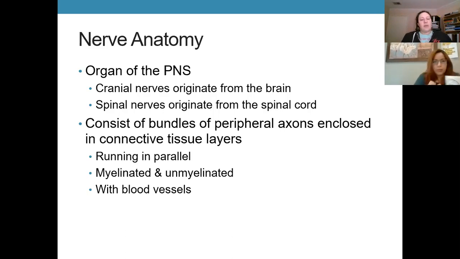Some of the axons are myelinated, some of them are unmyelinated, and because they're sending action potentials, they're going to be using a lot of ATP because of the electrical activity that we've talked about before. So there have to be a lot of blood vessels in there too, providing the oxygen and the fuel to give them ATP. There are generally a little bit of mitochondria running with these axons, or in other places in the cell.